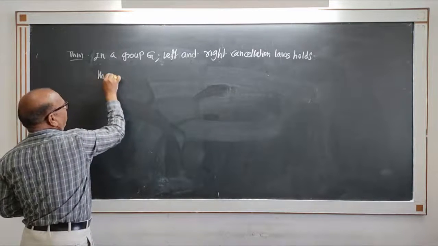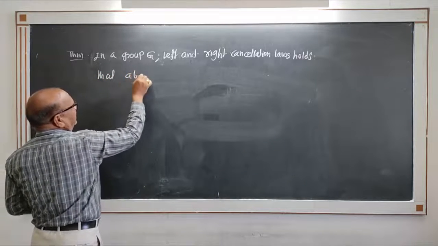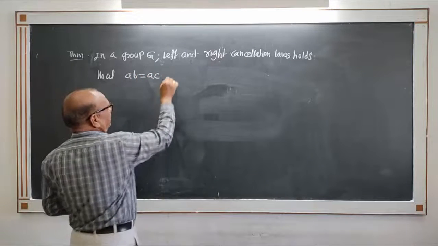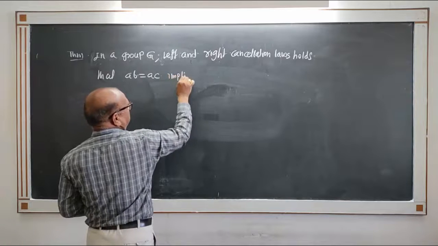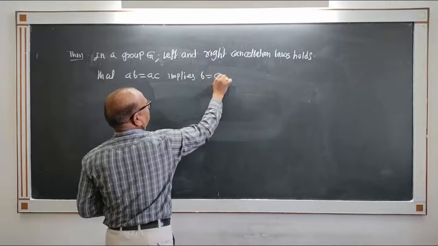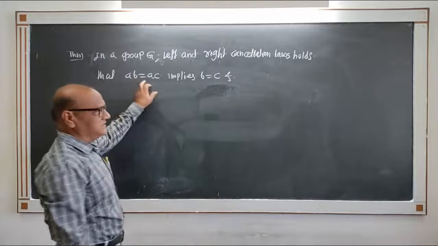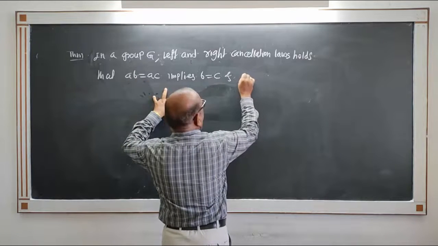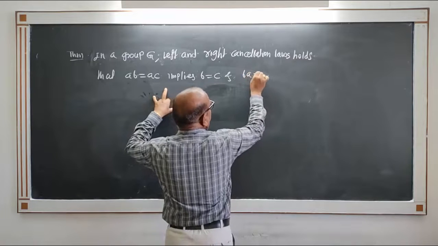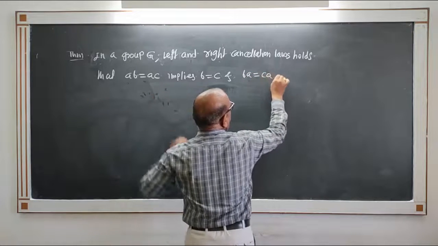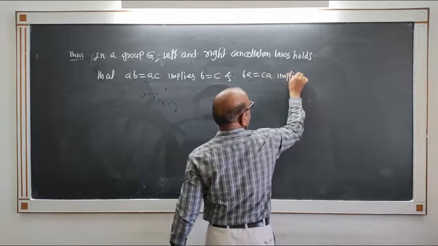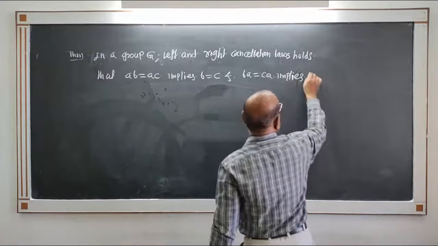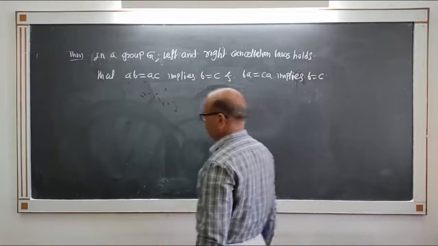That is, AB is equal to AC implies B is equal to C, and this is the left cancellation law, and BA is equal to CA implies B is equal to C.